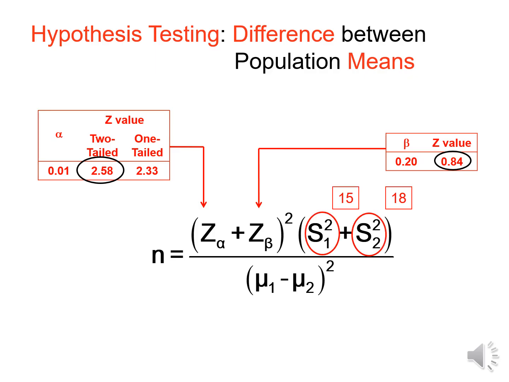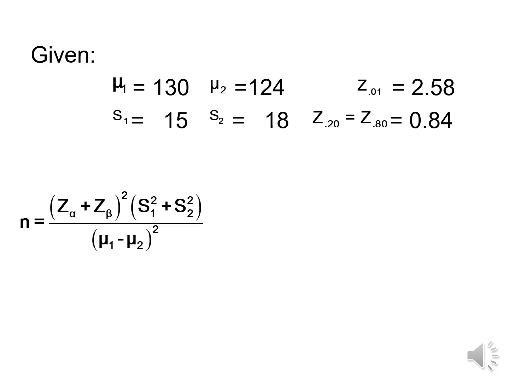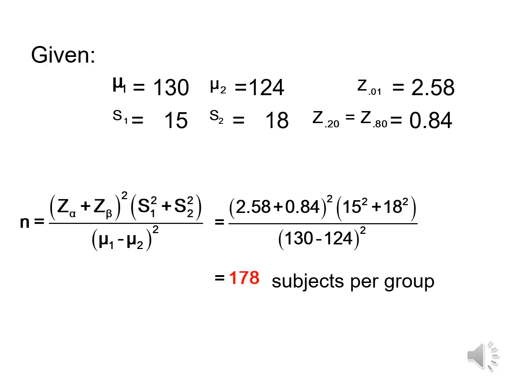S1 and S2 are the standard deviations of the two groups, and mean 1 and mean 2 of 130 and 124 are the mean systolic blood pressure of the two groups. So substituting these values into the formula, we derive a sample size of 178 subjects per group.